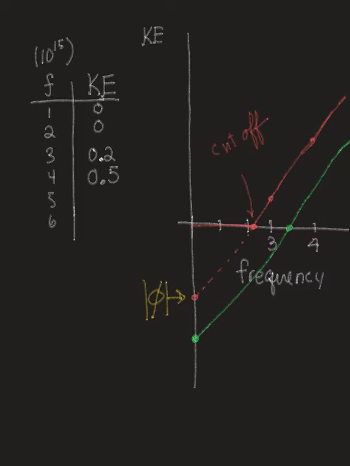If we were in class and able to do this lab, we would have been able to study this for different LEDs, and the slope of this line is actually equal to Planck's constant. So, no matter what metal I use, these slopes should be parallel to each other, but with work functions and cutoff frequencies that are proportional.